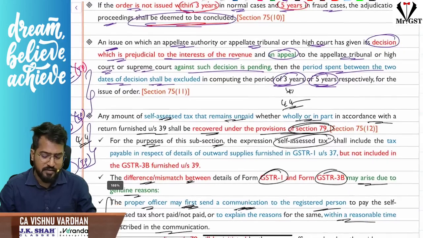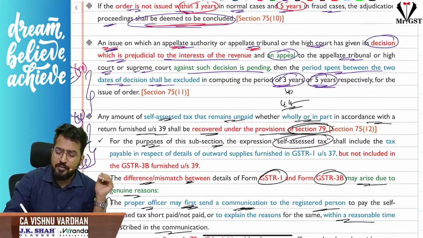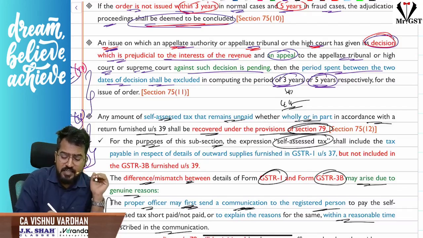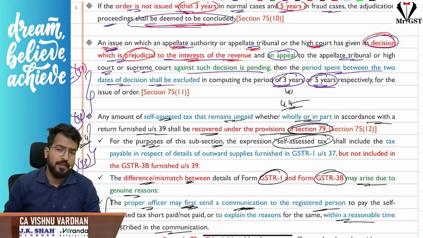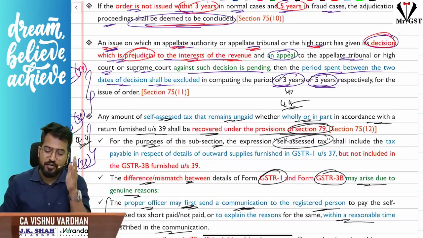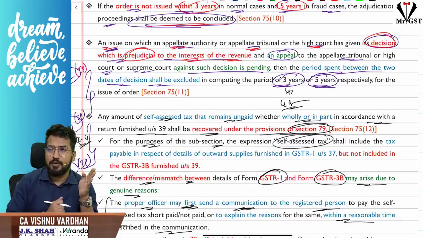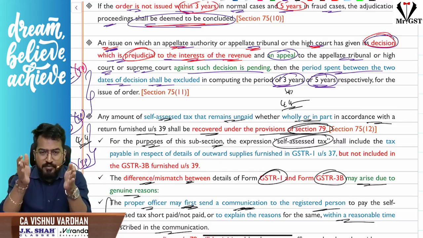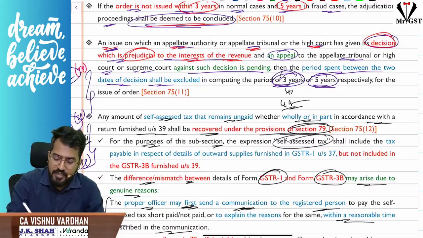Now another interesting aspect: when the appellate authority, appellate tribunal or high court has given a decision prejudicial to the interest of revenue, that means against the department, and the department goes for a further appeal, then the time period between the decisions, while the matter is pending, will be excluded from calculating the 3 years and 5 years time limit.